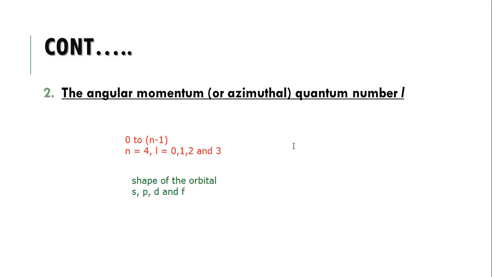Therefore, if L is equal to 0, that is the s orbital. If L is equal to 1, that is the p orbital.